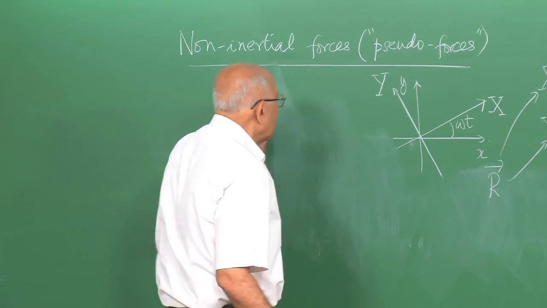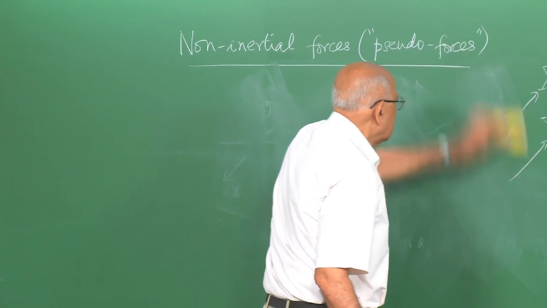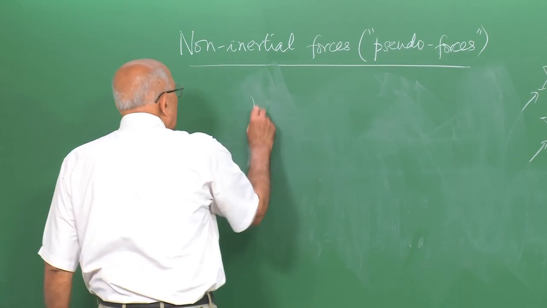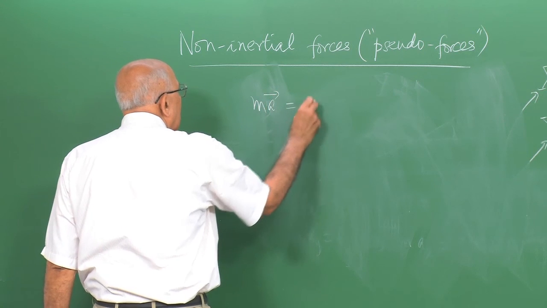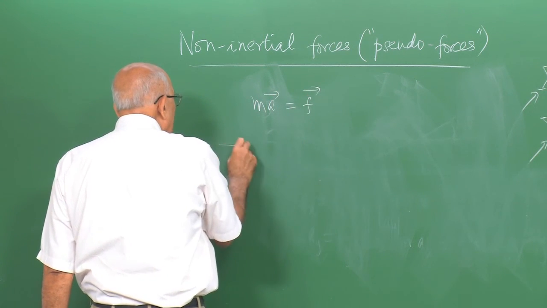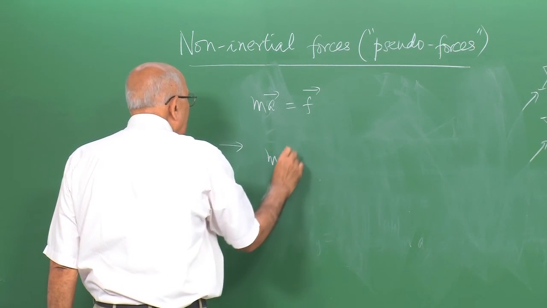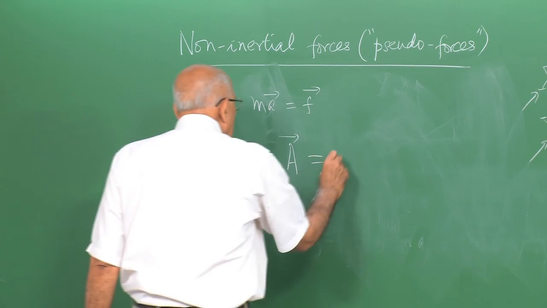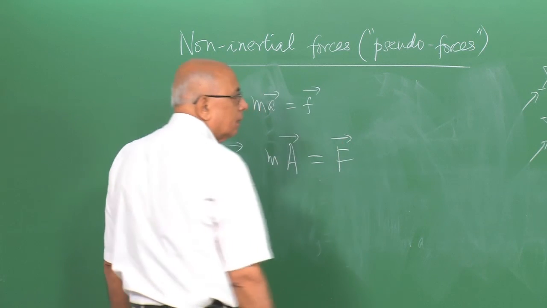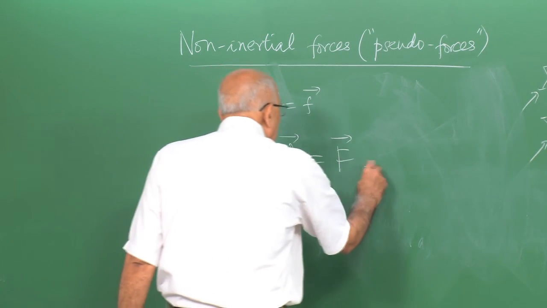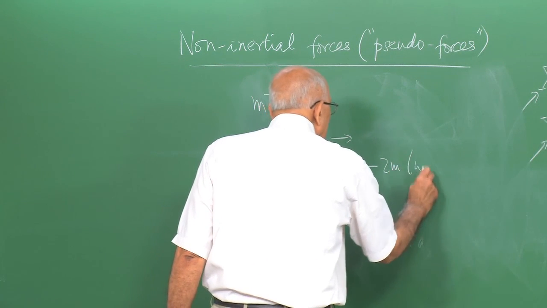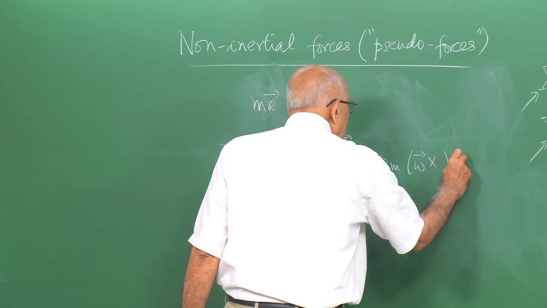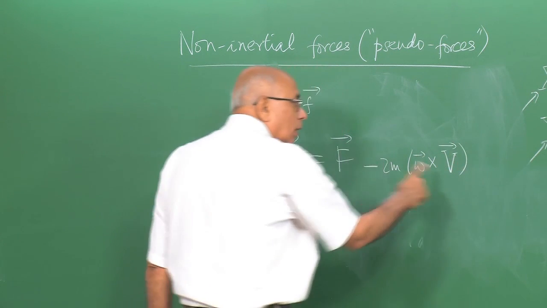So we have a result now which says that in vector form the dynamics will look like this. What originally looked like m a equal to F now goes over into m times a, the acceleration, equal to the force F out here minus 2m omega cross v, the velocity in the new frame.